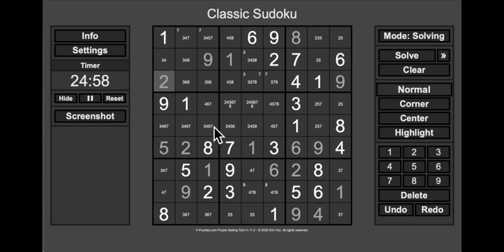Way too many possibilities for 3 and 4. Means my 6, 7 is either going to be here or there.